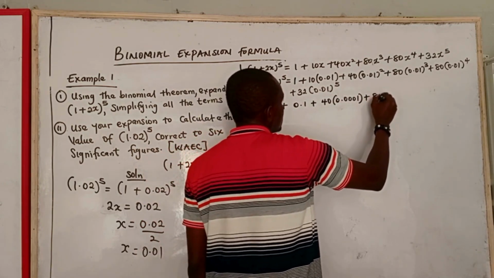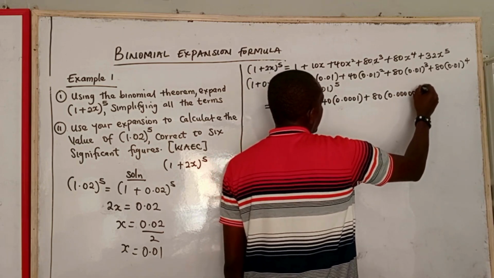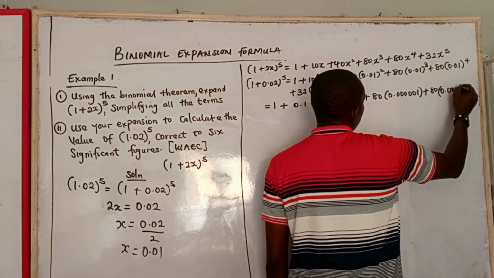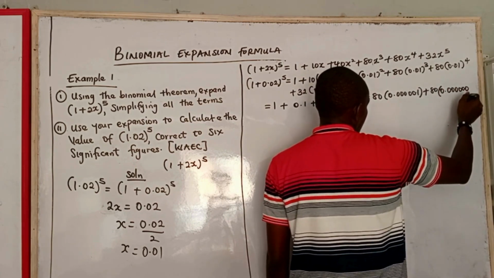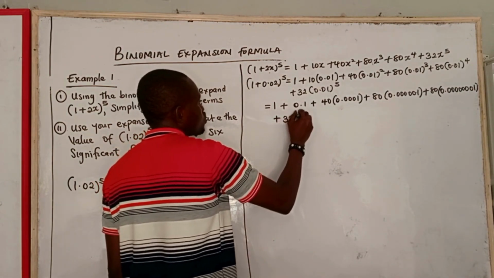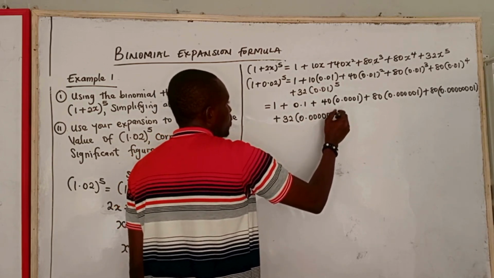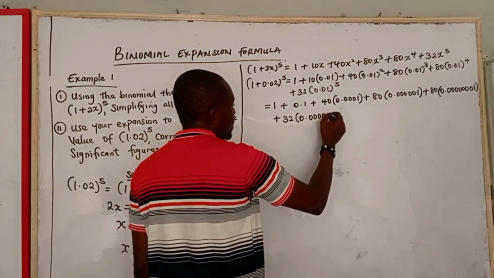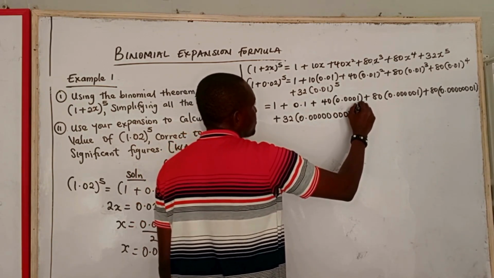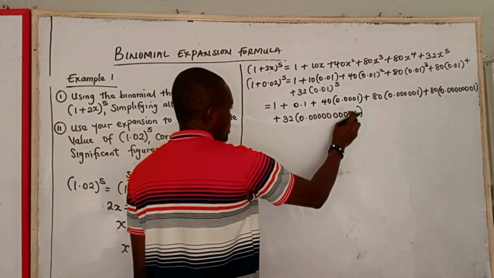Then plus 80 times 0.000001, which gives 0.00008. Then 80 again times 0.00000001, and the last one is plus 32 times 0.0000000001.